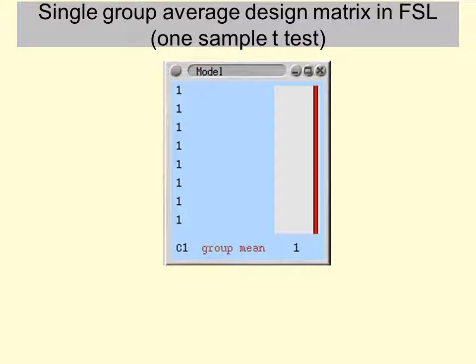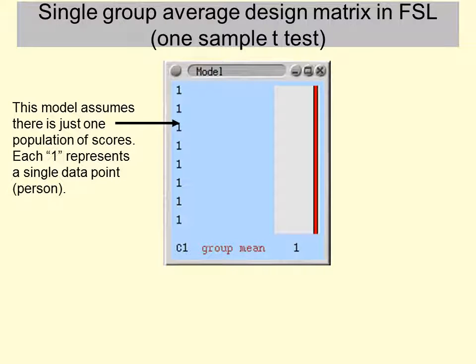So in effect, this design matrix is testing the null hypothesis at a particular voxel that the activation on average at that voxel is 0. These are just the labels that I forgot to show as I was talking about all that.